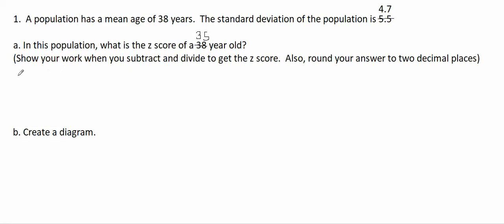So to get the z-score of 35, you just use the z-score formula. You take the number you're turning into a z-score, subtract the mean, and divide by the standard deviation, which are provided.